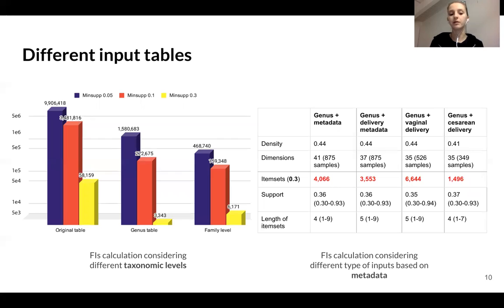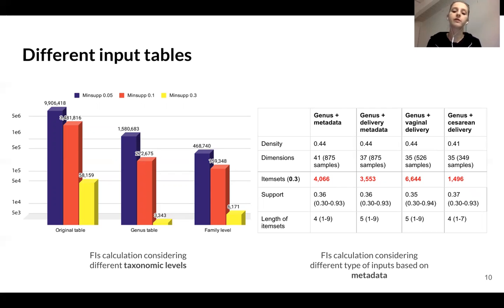So thousands, less than 10,000, is quite similar to the ASVs that we can calculate during a microbiome analysis. On the other hand, we can calculate item sets also considering different types of inputs based on the metadata.